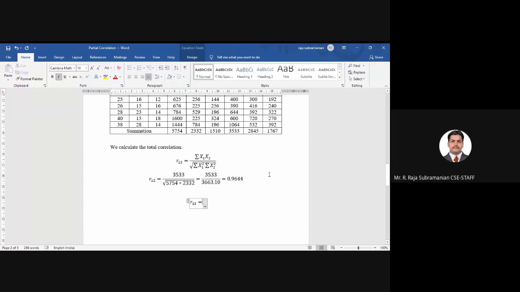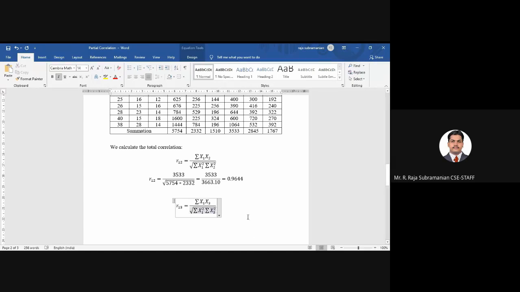Very good. I think Kusuma said that, right? Kusuma or Usha? Both, okay, thank you. So that is summation x1 x3 divided by the square root of summation x1 squared into summation x3 squared. This is correct, right?